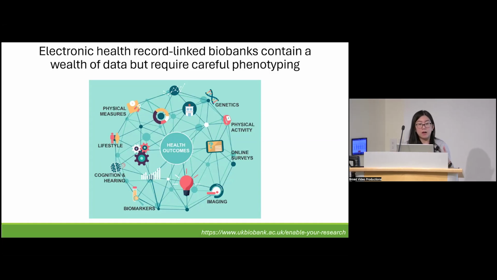But once you've identified a clear exposure of a drug, you also need to have the availability of biomarkers or whatever phenotype you're trying to measure pre and post medication, and that needs to be anchored to your exposure window. And then, of course, you need to have the genetic information in those people.